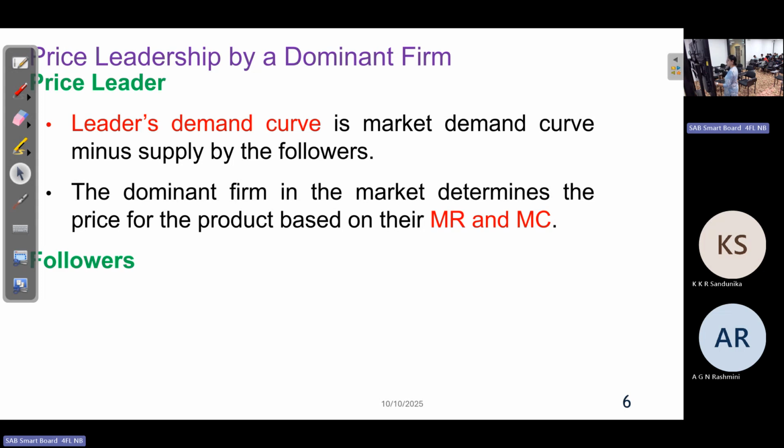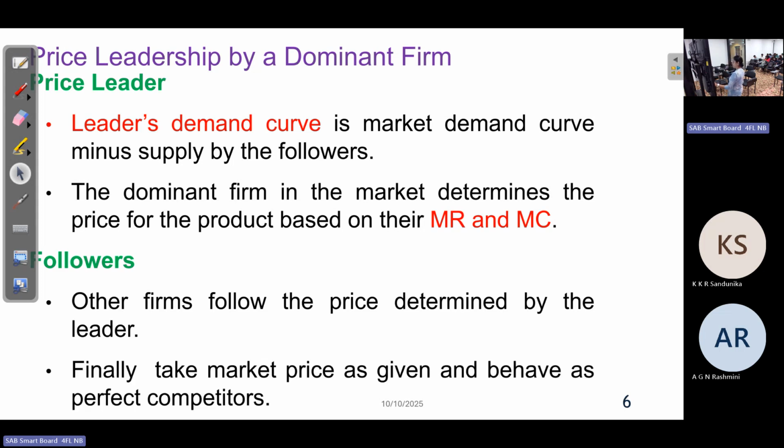Then we are going to discuss how this price leadership by a dominant firm happens. That means the largest market share belongs to one particular firm. That firm is the dominant firm. How then does the price leadership model function under this category? The price leader's demand curve is the market demand curve minus the supply by the followers.